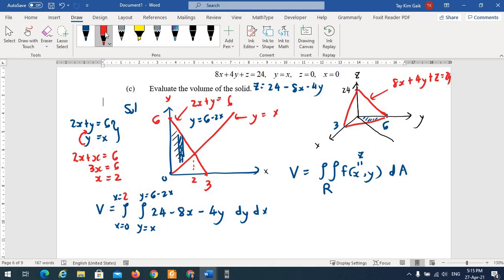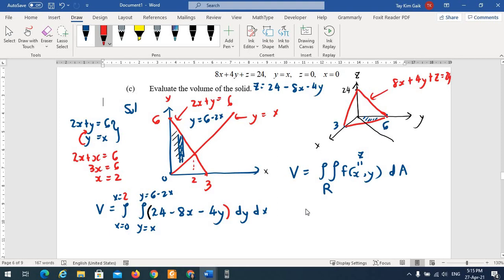So this is the limit of the volume bounded by the plane and y equal to x, but I failed to sketch the resultant volume for you to see. Up to this point, any questions?